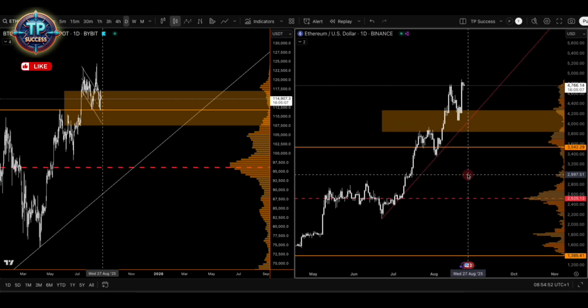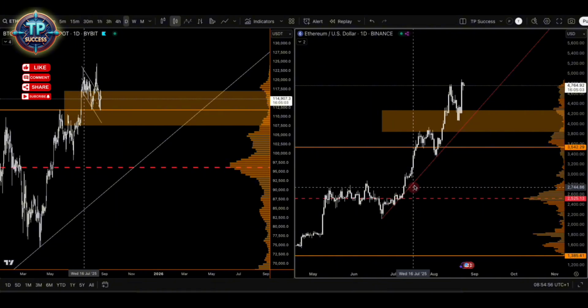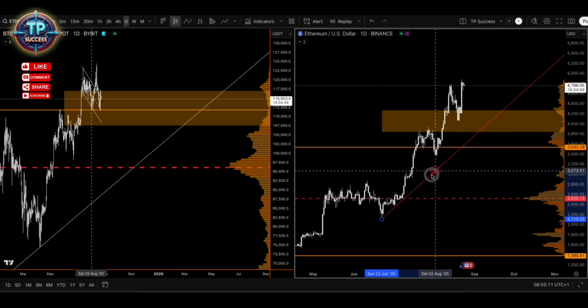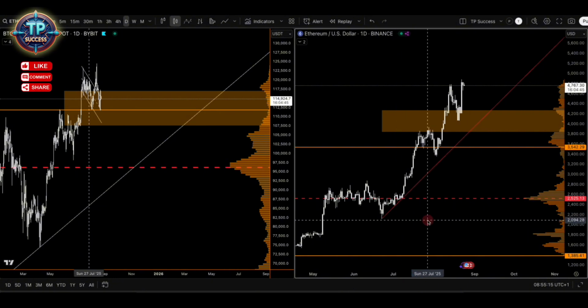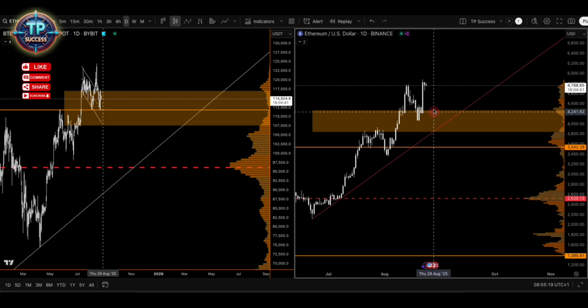Let me see if this trend line is drawn properly, because it might have to move. Yeah, this is the best. I would have to put it here.